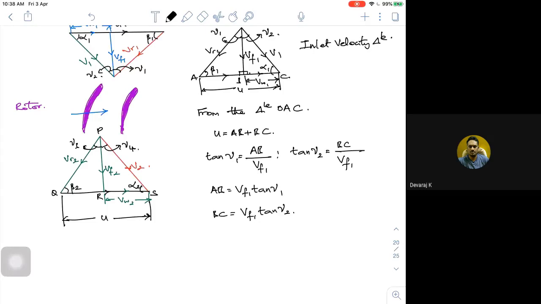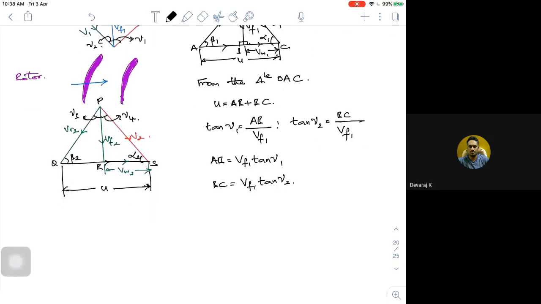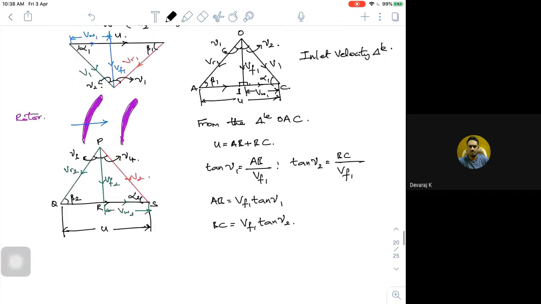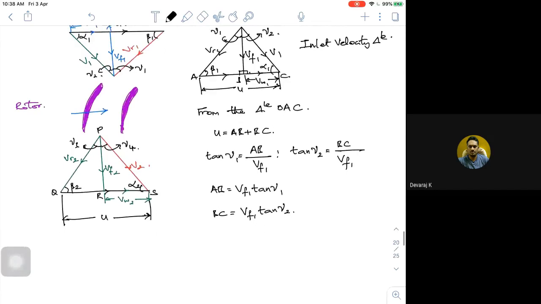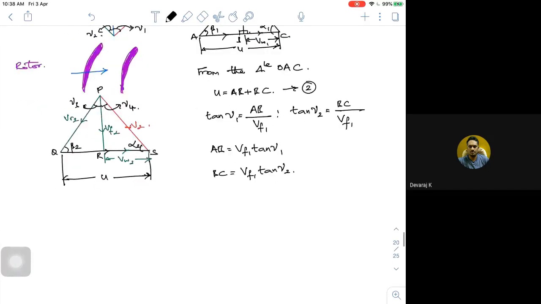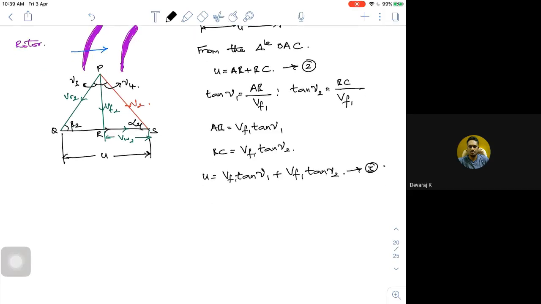Fine. So if I substitute in this equation, let me call that equation number 2, for U, U is equal to VF1 tan gamma 1 plus VF1 tan gamma 2. Let me call this expression number 3. Can I do the same thing for the outlet velocity triangle?